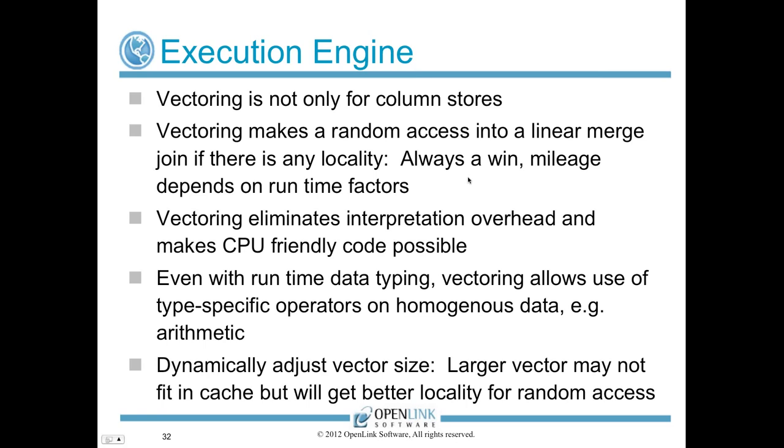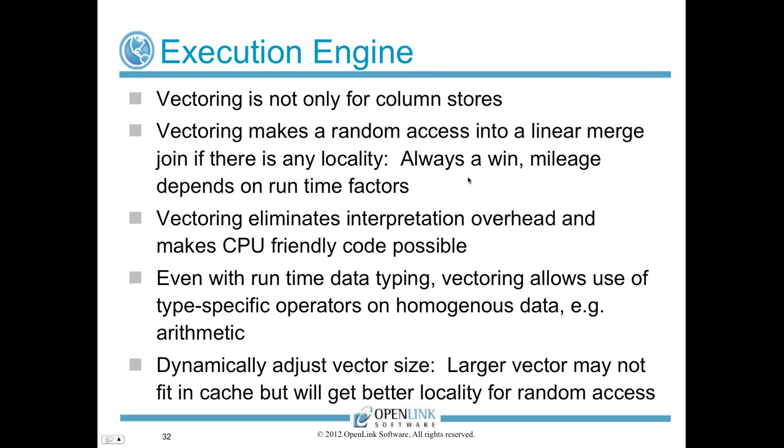So while your data in principle is typed at runtime and every consecutive value may be of a different type, you will very often get homogeneous vectors where all the items are of the same type. When that is the case, you can do efficient arithmetic by using a type-specific operation even when your data is not typed a priori at schema time.